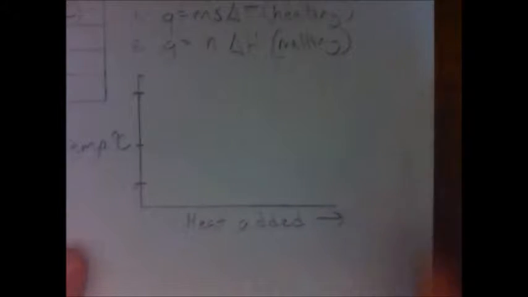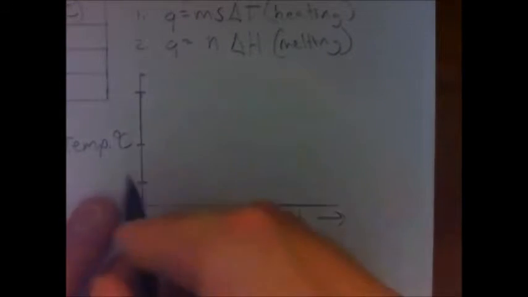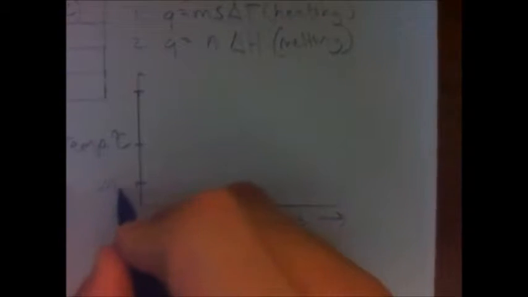We'll make a graph, and we'll use the points negative 22.5 degrees Celsius, 0 degrees Celsius, and 75 degrees Celsius. We'll need to mark our points.